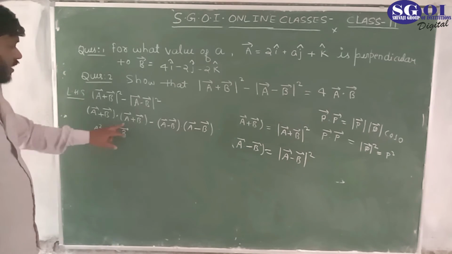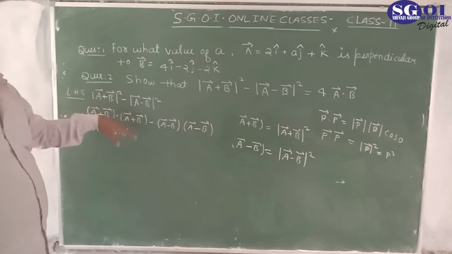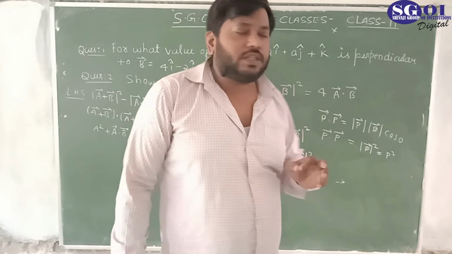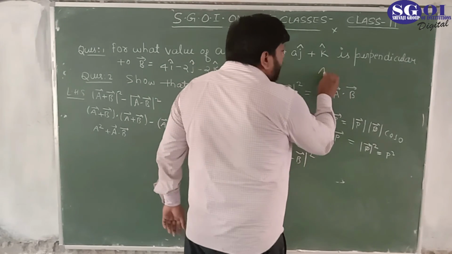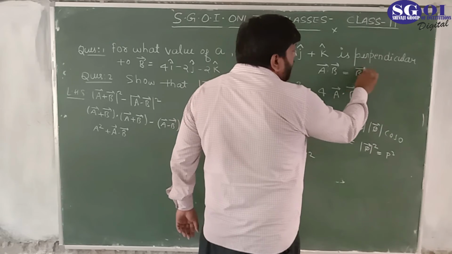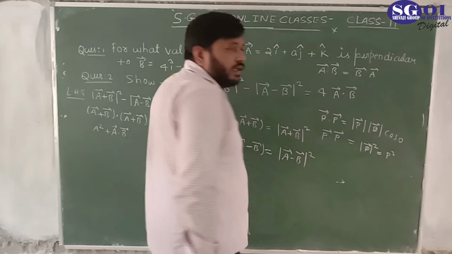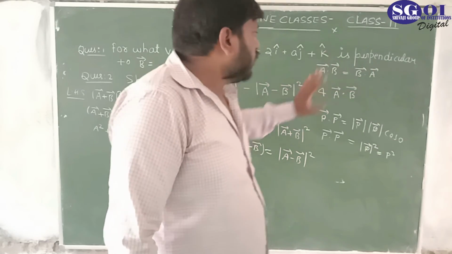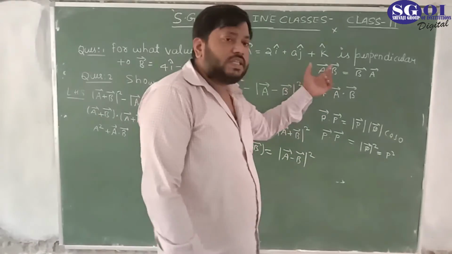One more important thing: a dot b and b dot a are the same. In dot product, they are commutative. Commutative means a dot b and b dot a both are the same. This holds in dot product, but not in cross product, because there is a direction.